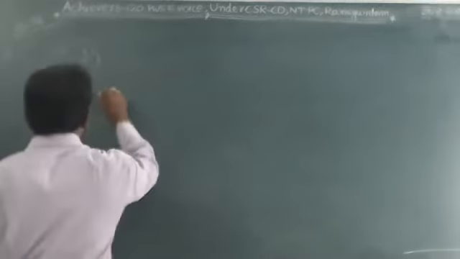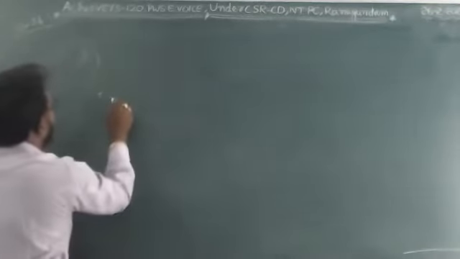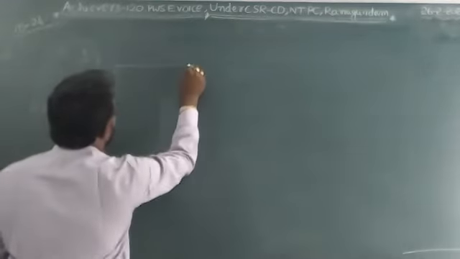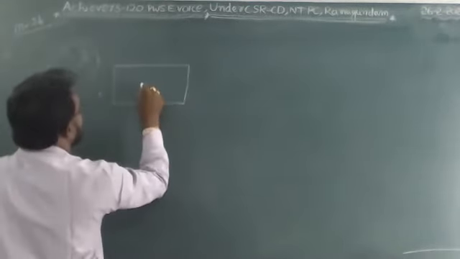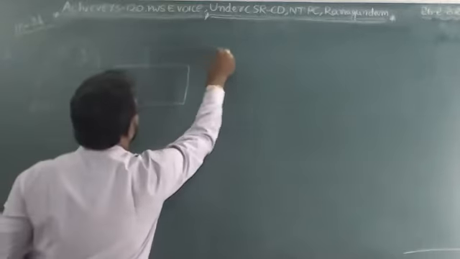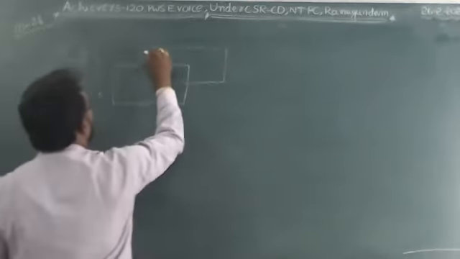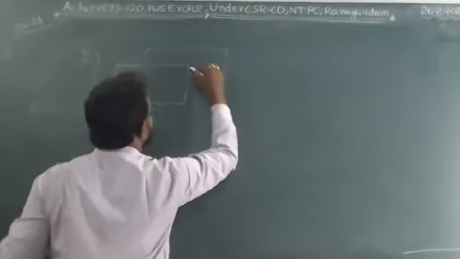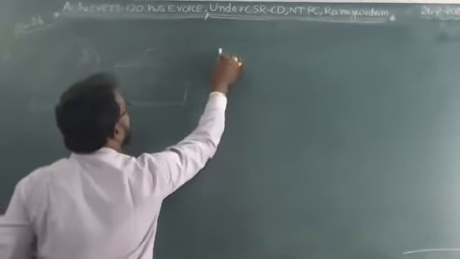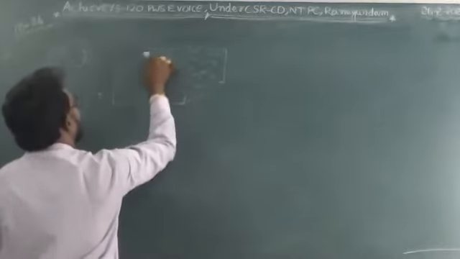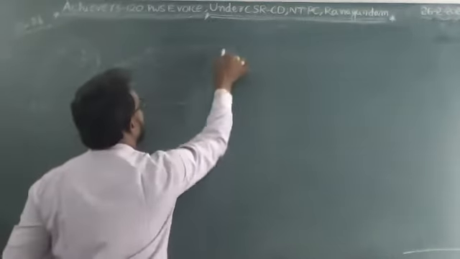This mud is being taken out and they are preparing a platform like this with a rectangle shape. Here they are placing it like this, with the one rectangle shape platform.